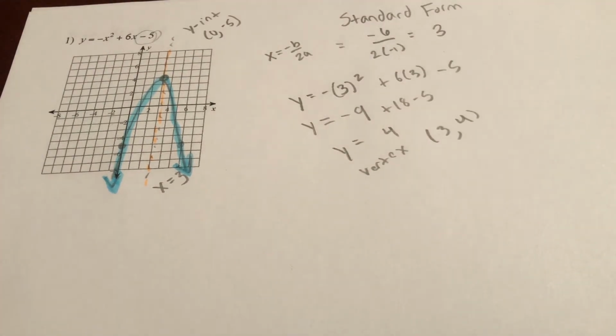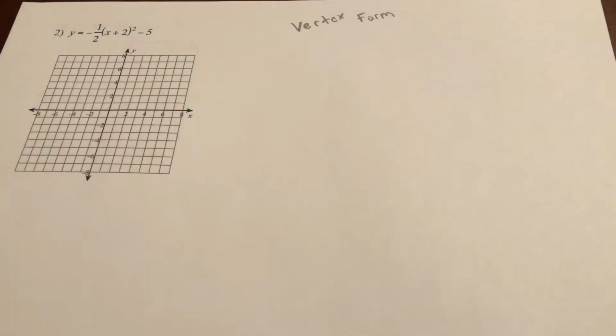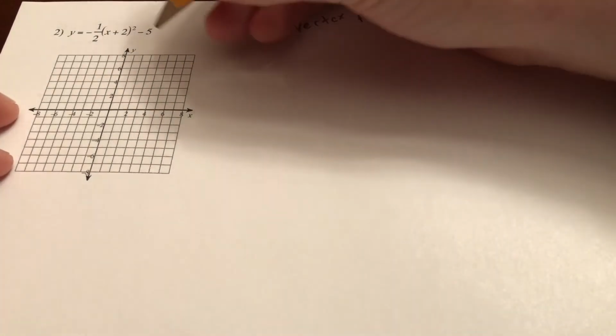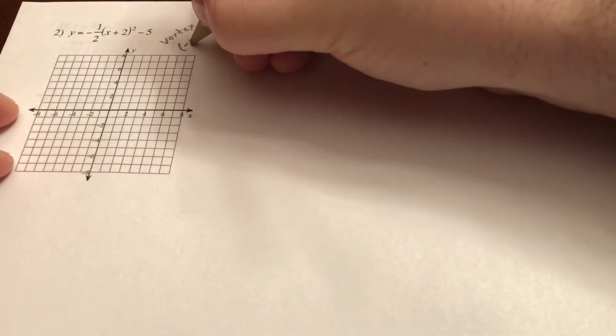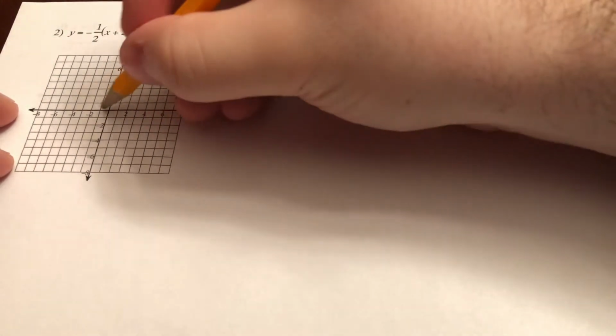Now let's move on to doing this in the other form. All right, let's look at the vertex form. Here, we need to go through a variety of transformations, but right off the bat, we know the vertex based on our equation. The vertex is (-2, -5). So I can go ahead and plot that.